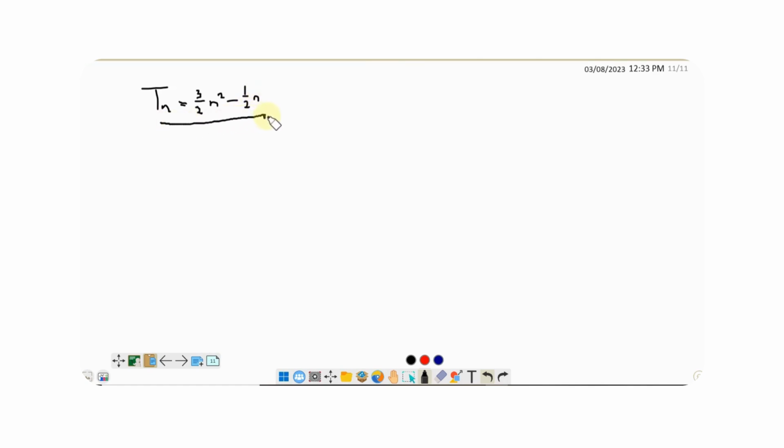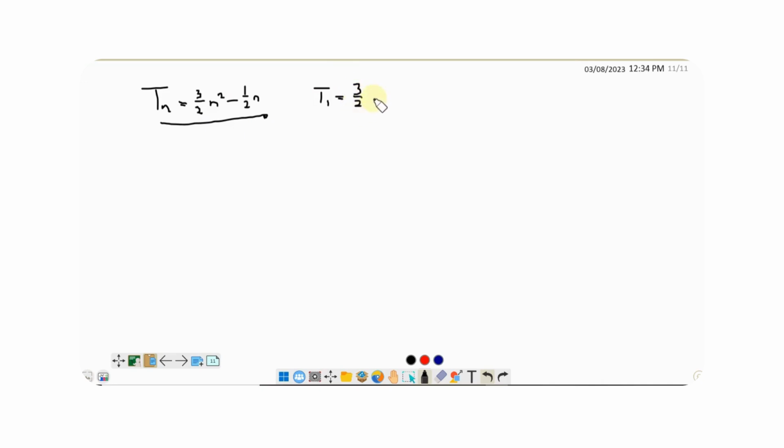So this is the formula. Let's try to find term 1. If you try to find term 1, you're going to substitute 1 here. So 1 squared is going to be 1. 3 over 2 times 1 is just going to be 3 over 2.